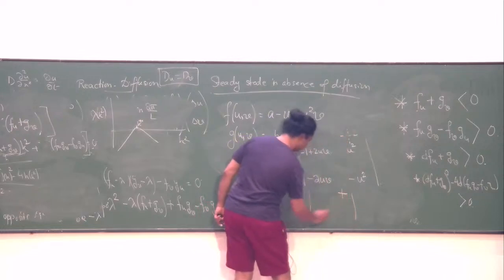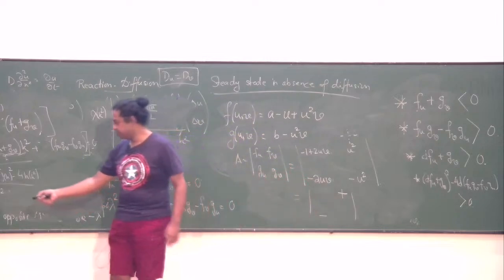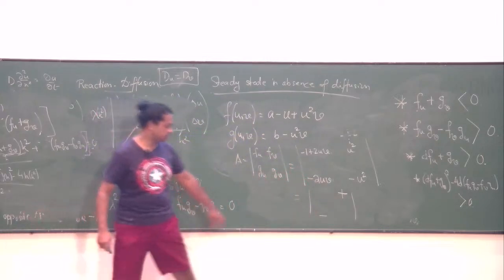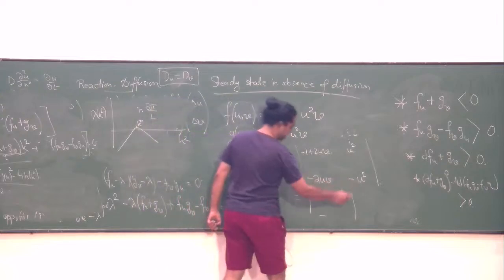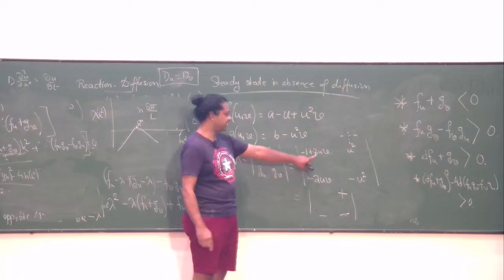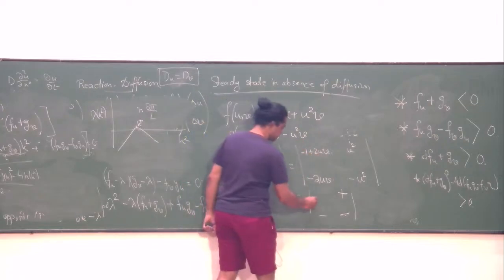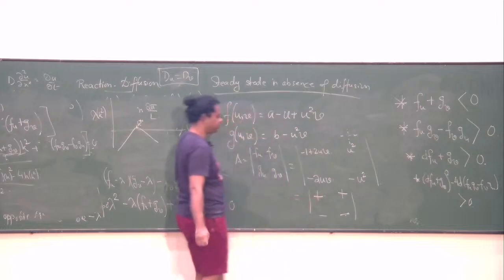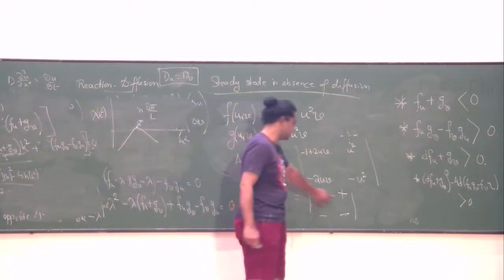So this is a plus, this is a minus. That is good because we said that Fv and Gu must have opposite signs, and it does indeed have opposite signs. Here, this is a negative, this is a negative, and this thing is a positive as long as the product uv is greater than 1. So this is the network structure that I have: a plus plus, a minus minus.